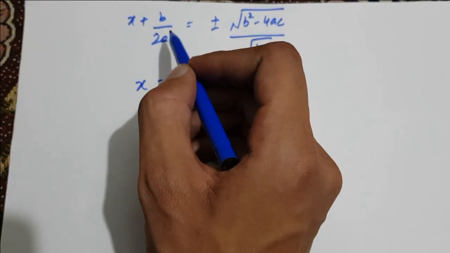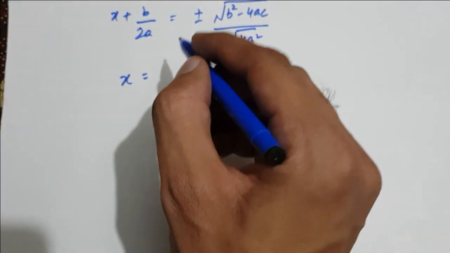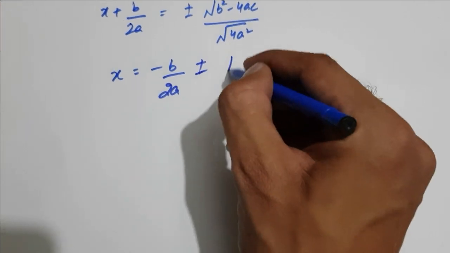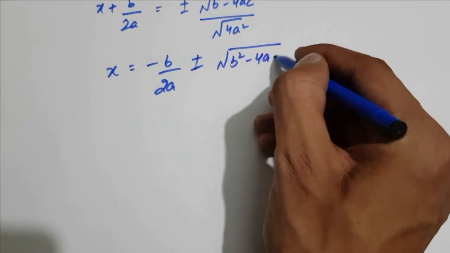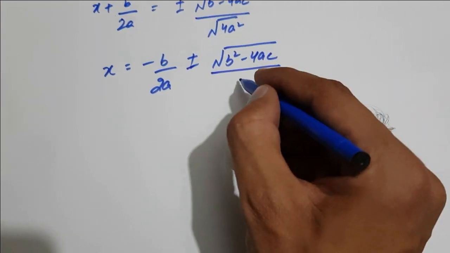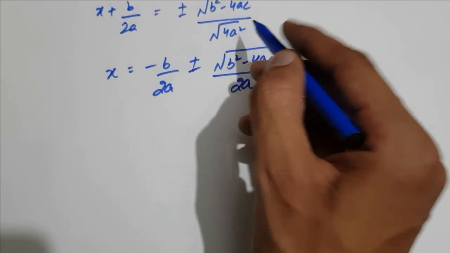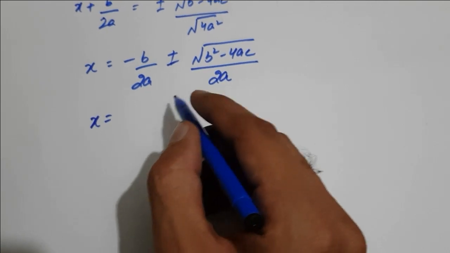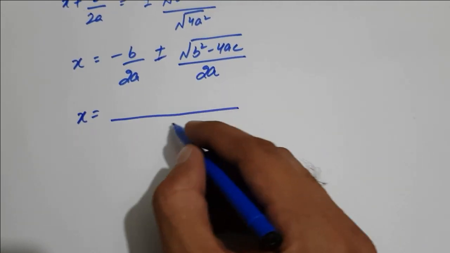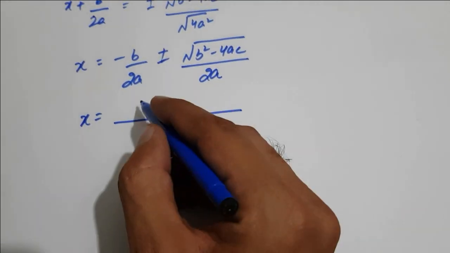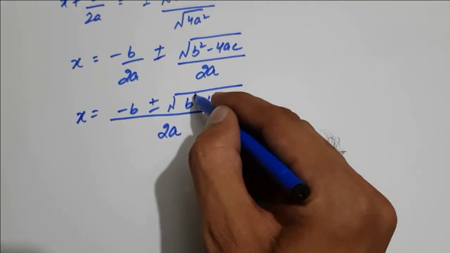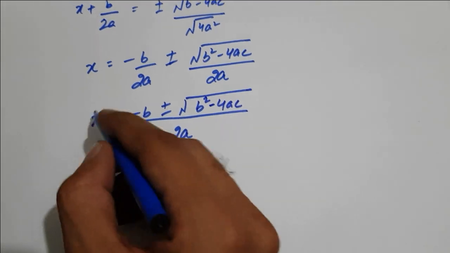Further solving, we shift this b over 2a to the right hand side, since we have to find the value of x. We get minus b over 2a plus minus square root of b squared minus 4ac over 2a, since the square root of 4a squared is 2a. Now since the denominators are the same, we can write it as minus b plus minus square root of b squared minus 4ac over 2a.